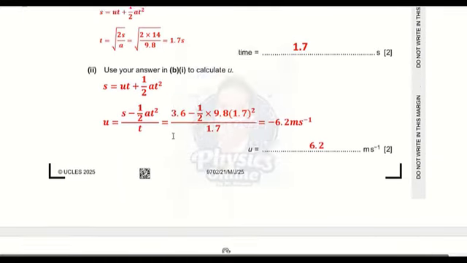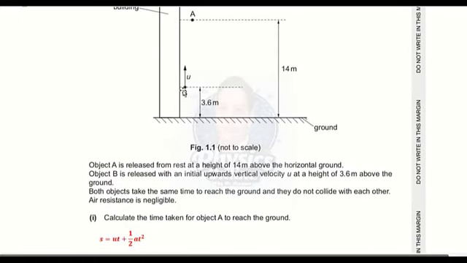The object moves upward, then falls down. The same gravitational potential energy changes into kinetic energy because they are at the same height in both situations, whether B is projected vertically upward or at an angle.